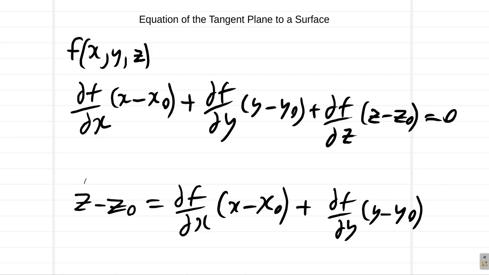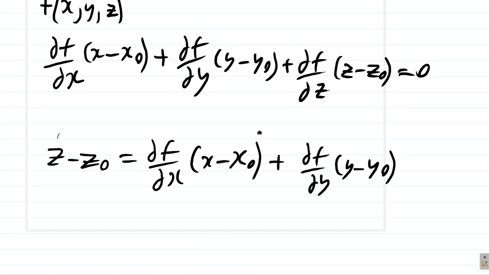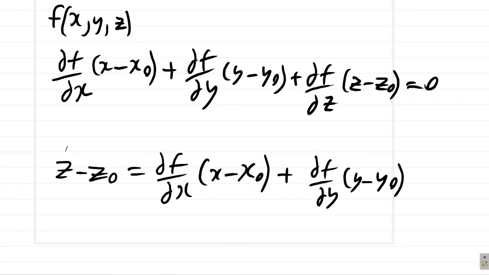Let me explain. And by the way, before I do that, you may see it in a different notation, where instead of delta f by delta x, you see fx at x minus x naught, and so on and so forth. You may also see the way that ChatGPT shows it, fx at x naught, y naught, times x minus x naught.